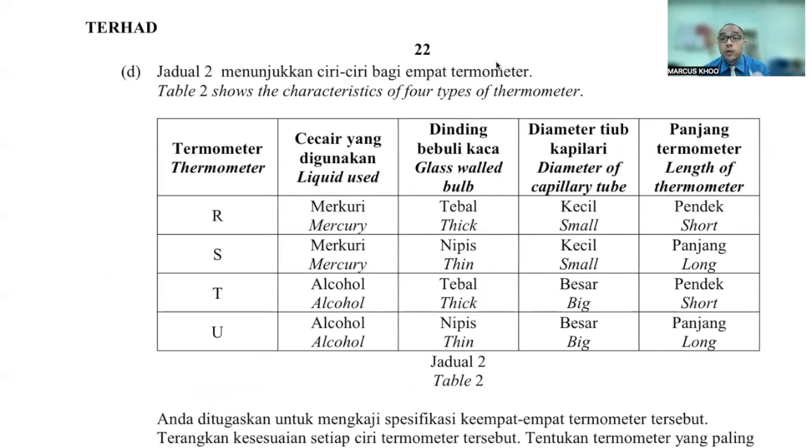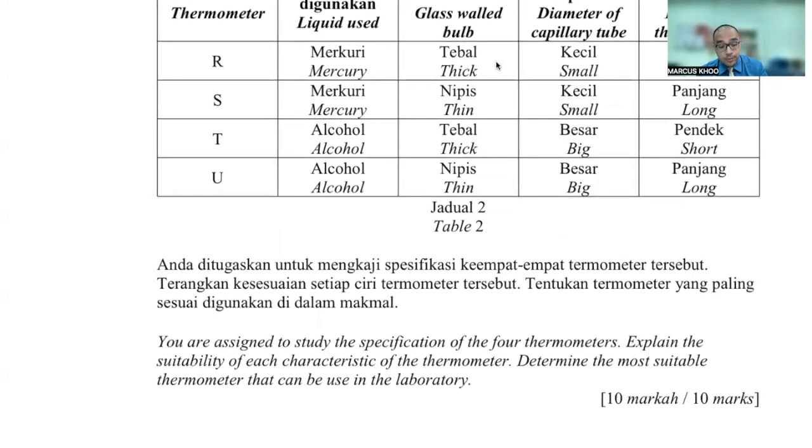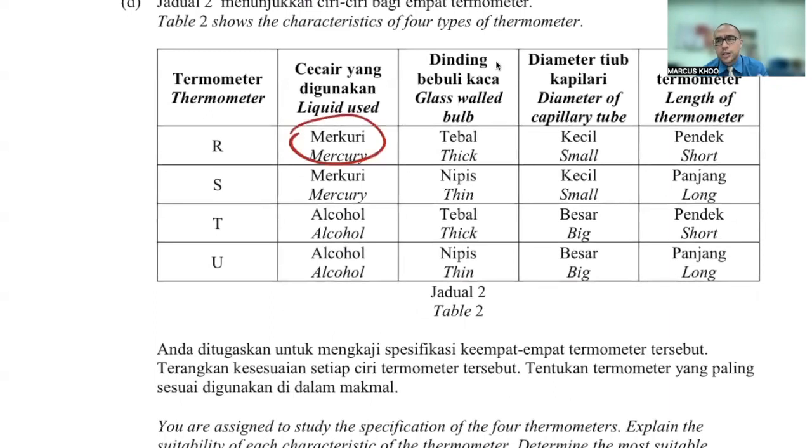So we need to look at the purpose of our choice. The purpose in this particular question is the most suitable thermometer that can be used in the laboratory, which is a room temperature setting. So we're not going to the North Pole or the South Pole or Mount Everest where you need alcohol. Okay, we're going to use a mercury thermometer.